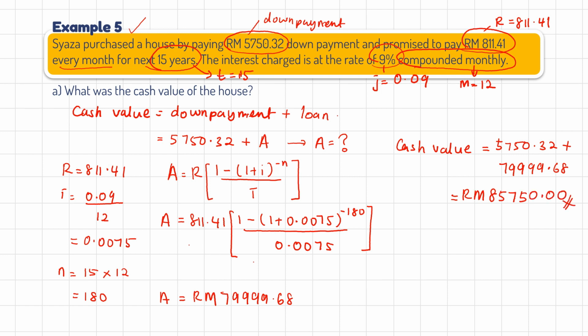This will be the answer for question A, asking for the cash value of the house. In this question, you already know the loan that Shaza needs to do. So the loan, which is A, is equal to RM79,999.68. So this is the amount of loan.